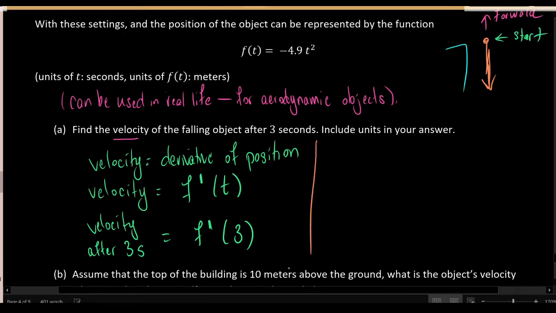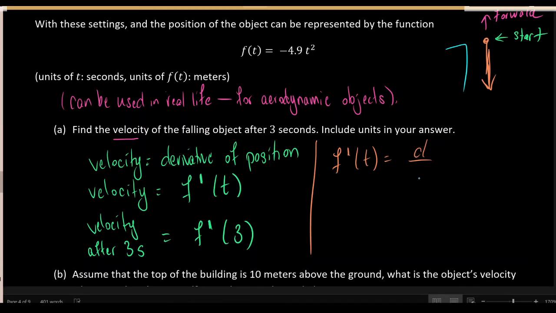So the first thing that I'm going to do is find the derivative function, which means I'm going to find the derivative of -4.9 times t squared. Now in this case, the input variable is given by t, and so I'm not going to use d over dx to represent the derivative of something. I'm going to use d over dt, because in this case, t is my input variable.